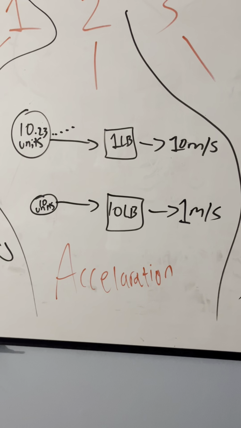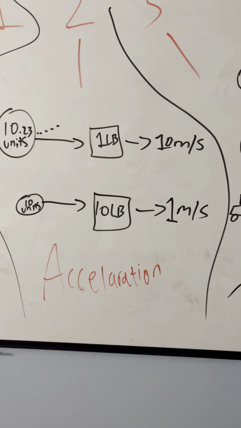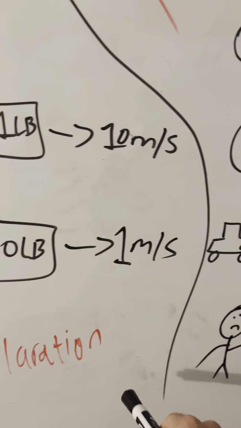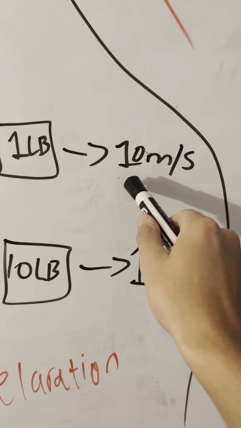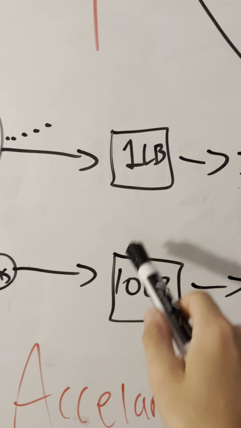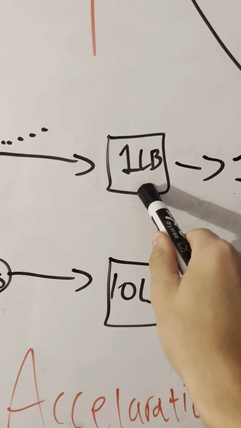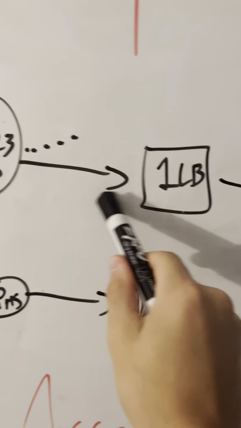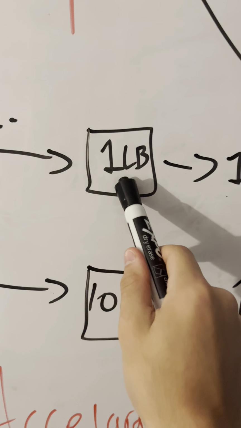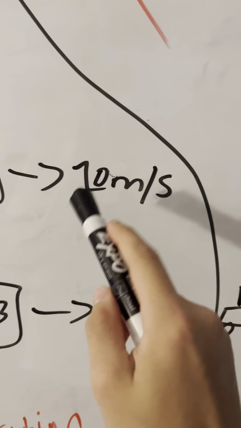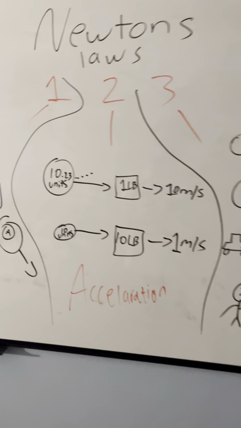The second law has emphasis placed on acceleration and how acceleration changes based off multiple factors, those factors being the mass of the object or the weight and the force that is being placed upon the former object, in which acceleration outputs. And that is Newton's second law.